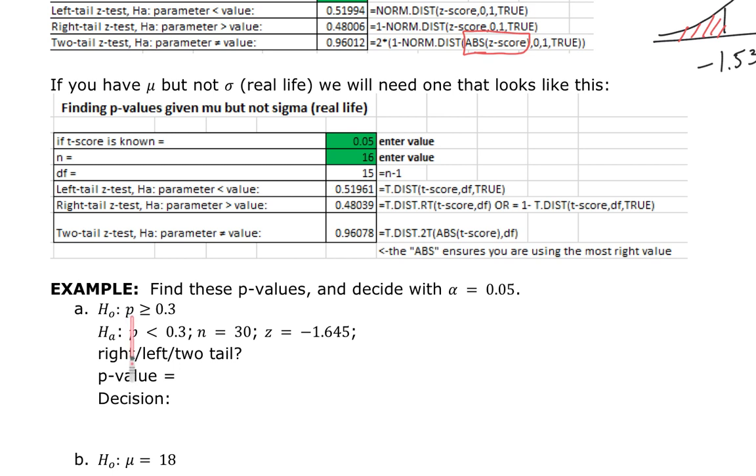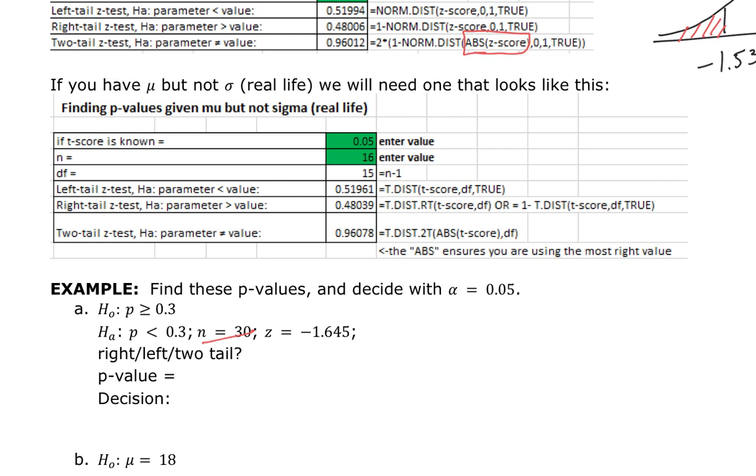So we are testing whether or not the parameter p is greater than or equal to 0.03. The HA is always the opposite. H0 always has equality. HA has the opposite, without equality. We're given n, we're given z. Well, this is p, so I don't actually need this n, given the 30; it is not actually important.